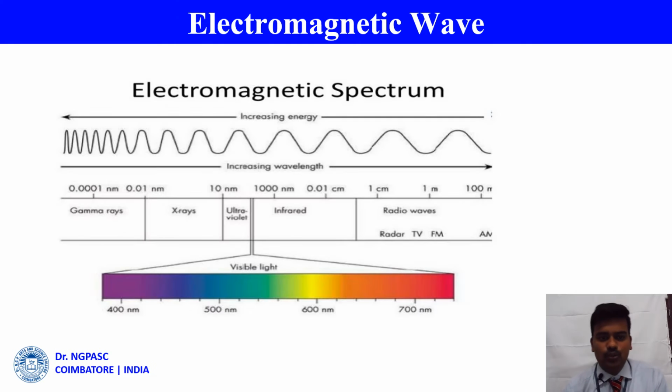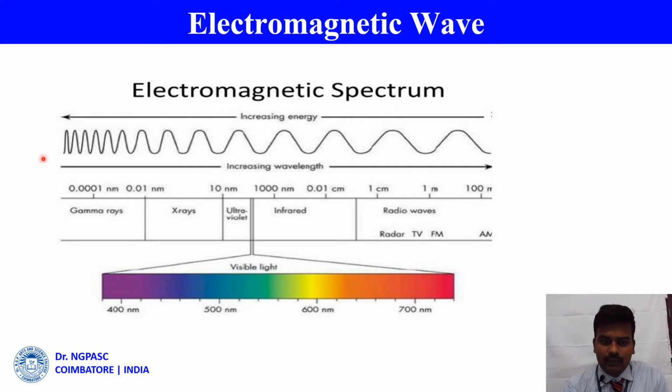In this slide you can see that when the wavelength is minimum, it comes under gamma rays, X-rays, and ultraviolet rays. The visible range is from 350 nanometer to 750 nanometer. Then the range up to 1 centimeter is infrared, and more than 1 centimeter it becomes radio waves, TV, FM, like that.